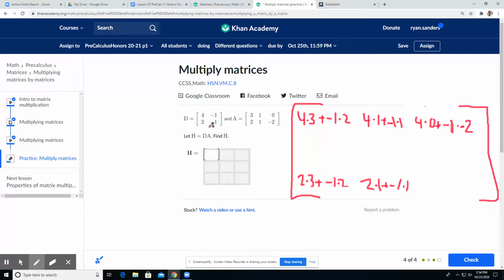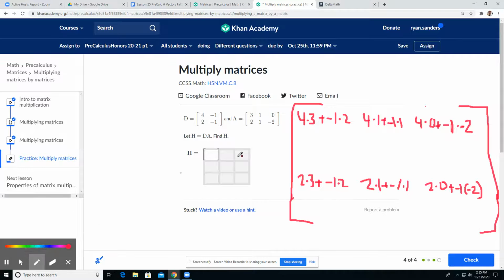And the last, second row, third column, 2 times 0 plus -1 times -2. All right. Now I'll go ahead and just do it. Looks like I got some room here. I like how I set this one up. So I'll just give myself some room and do my work right underneath it. Usually we'd just write another one, but I'm going to save some space. I'll change some colors so we don't get confused.